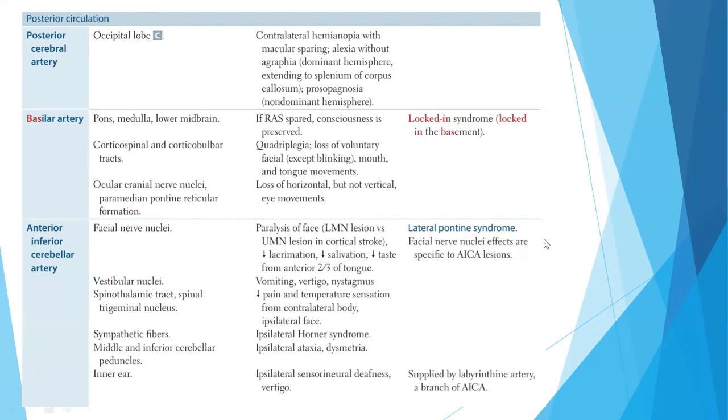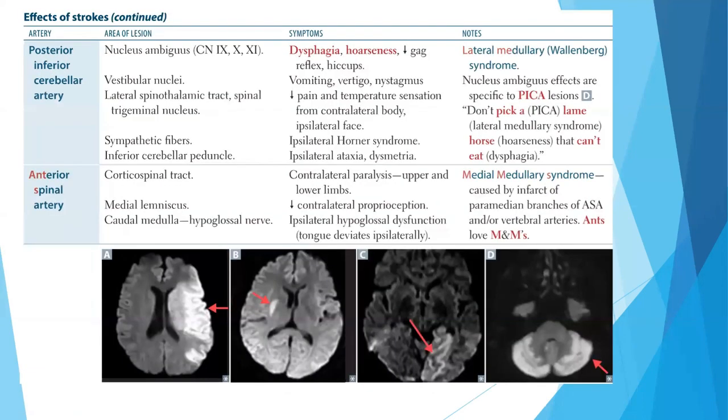So what is important is the lateral pontine syndrome. Also, if there is a Horner syndrome or a sensorineural deafness, then you can think that the person is having a defect in the anterior inferior cerebellar artery.